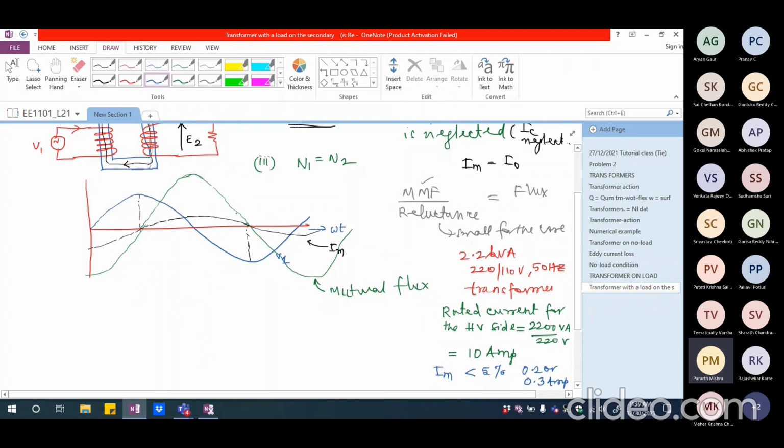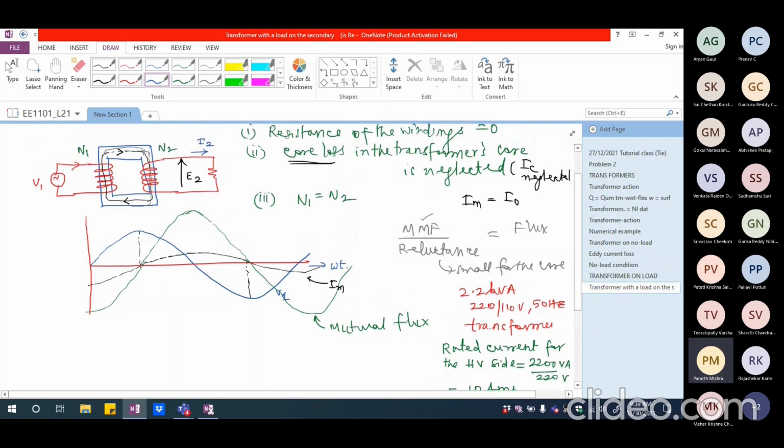This is really small. Whereas now in this transformer itself, the rated current on the secondary side is 2200 by 110, so that is going to be 20 amperes. Right? So to draw this 20 ampere of current, obviously I'm going to have a resistance connected here in such a way that 110 divided by 20 is the resistance, so it is approximately 5.5 ohms or something like that.